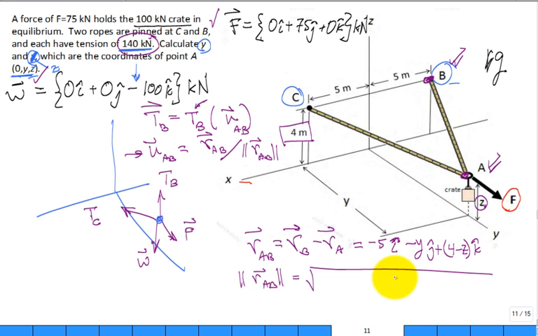Square root of 5 squared plus y squared plus (4 minus z) quantity squared. There's no obvious way of simplifying that to make it any better for us in the future on this problem. We're just stuck with some expression like this, which is not so nice. But there it is. Can you do the same thing over here from A to C?